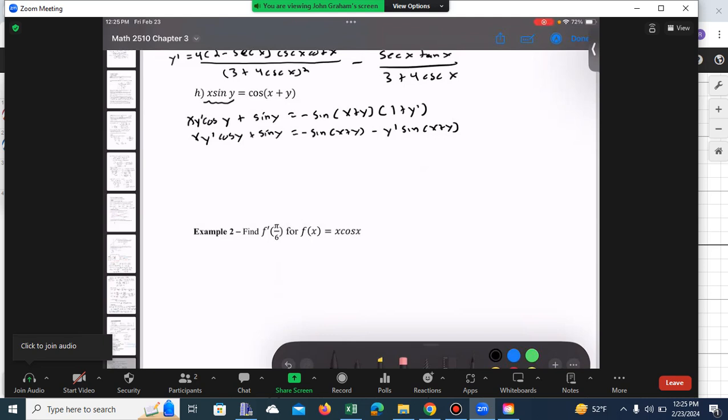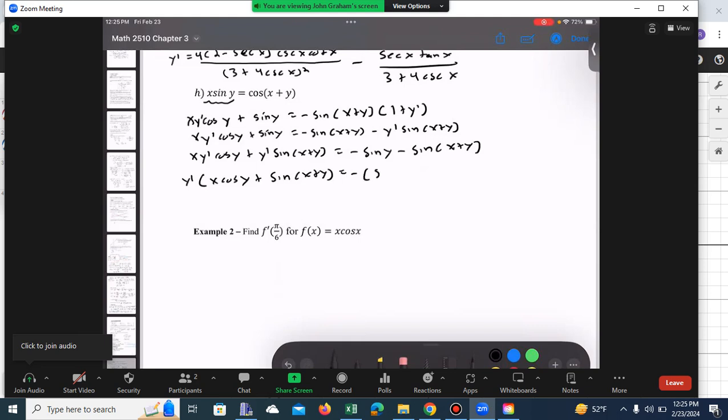Okay. Now we're going to add over the y prime on the right. x y prime cosine y plus y prime sine of x plus y. And we'll subtract over our sine y. At this point, we can factor out the y prime. And I'll factor out a negative sign as well.